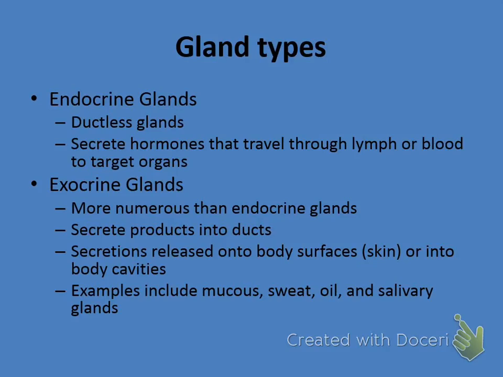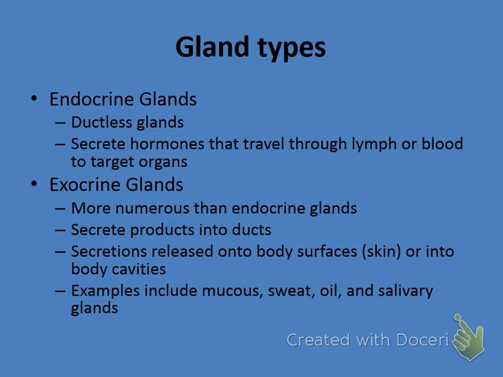Your pancreas, for instance, has several different functions, but one of them is to produce chemicals to help you digest your foods. The chemicals go into a duct that runs down into the small intestine at the ampulla of Vater, and there it empties into the small intestine to help break down the foods that you eat.